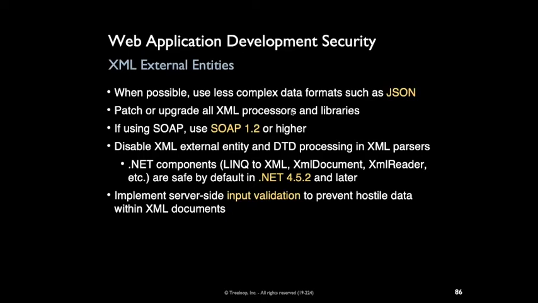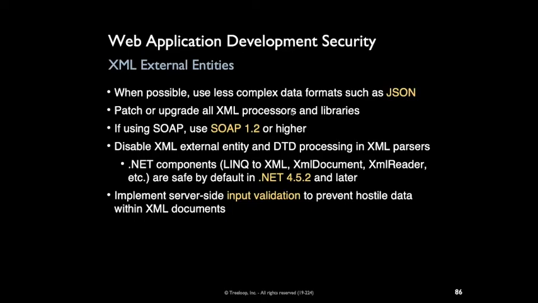That may not be an option for you though, and that's okay, because we've got some other things. One, make sure you're using modern XML parsers and libraries, so upgrade and patch those, because XML parsing libraries have been updated to account for this kind of thing. If you're using SOAP, which is our protocol for certain types of XML-based services, use SOAP 1.2 or higher.